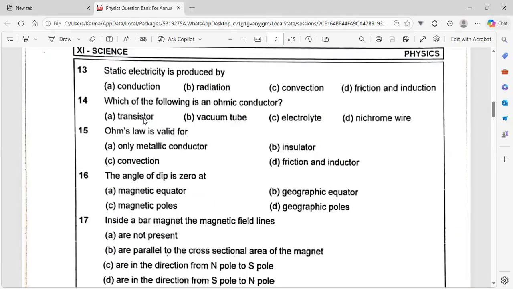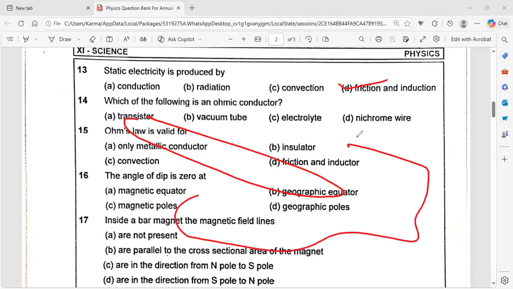Static electricity is produced by friction or induction. When a glass rod is rubbed on silk, the electrons from the glass rod are transferred to the silk. The glass rod becomes positively charged. That is electricity by friction.